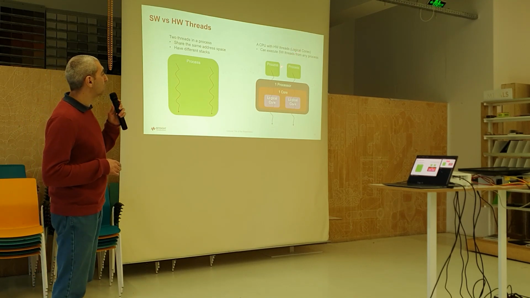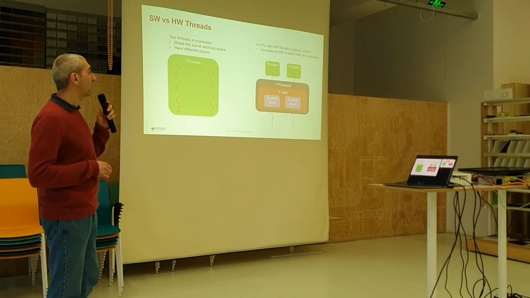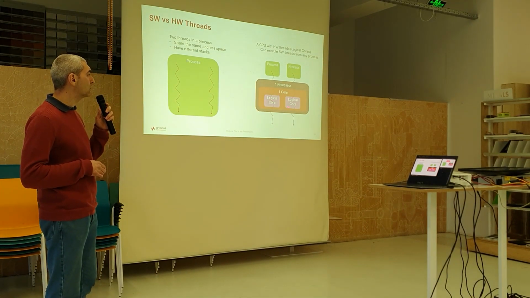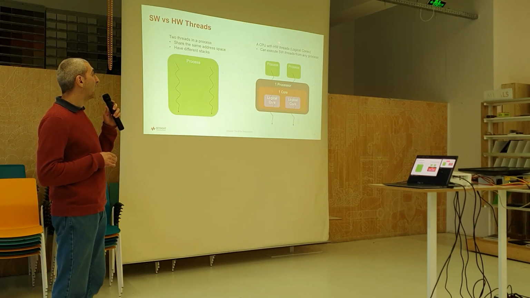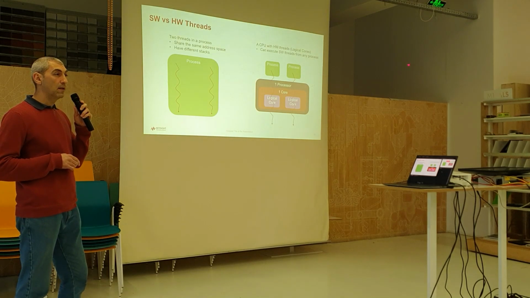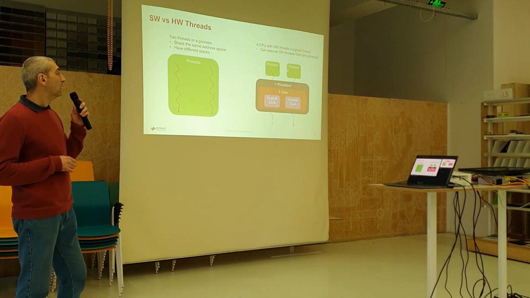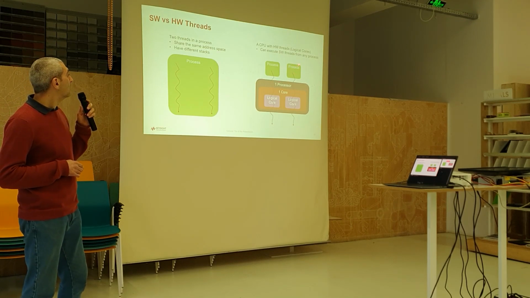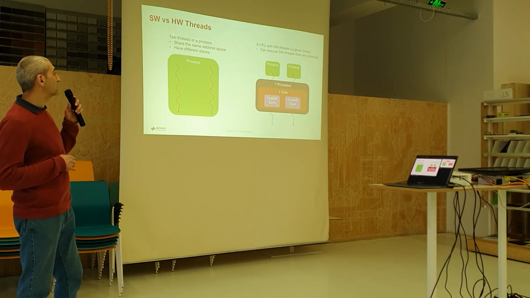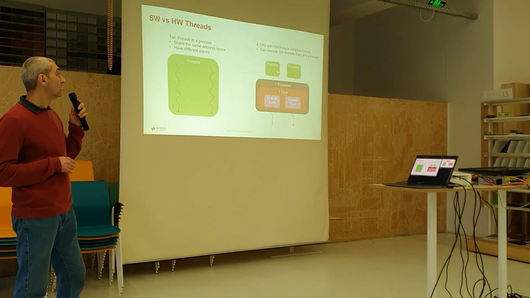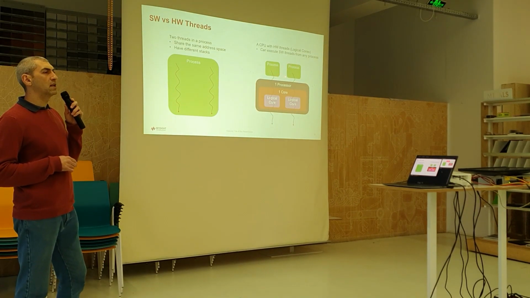So let's look at this example. We have a CPU, we have one core, and then with hyperthreading enabled, that is 2 logical cores. A hardware thread can run 2 different processes. So the hardware thread does not necessarily have to run 2 software threads. So let's say we have a single-threaded process, and then let's take an example.